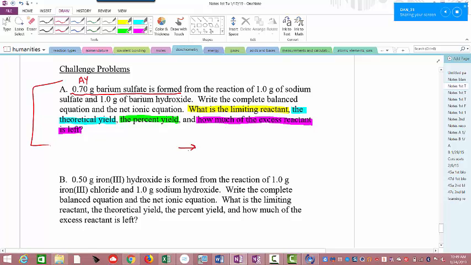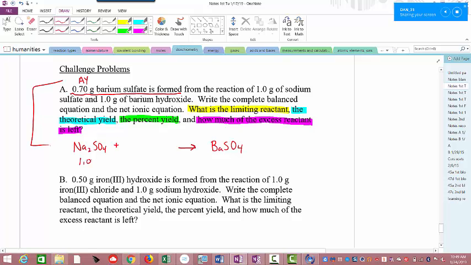What is the formula for barium sulfate? BaSO4. Okay? So from the reaction of sodium sulfate. Sodium sulfate is a reactant or product? Reactant. What is the formula for sodium sulfate? Na2SO4.